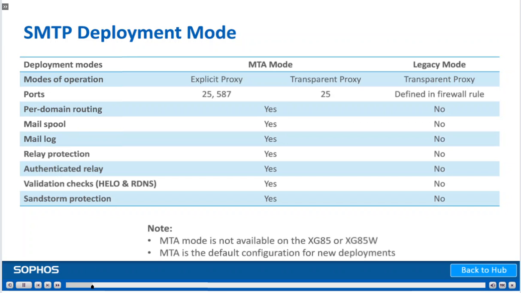Note, MTA mode is not available on the XG85 or 85W. MTA mode is the default configuration for new deployments. However, devices upgraded from XG Firewall version 15 or the XG85 and XG85Ws will use legacy mode.